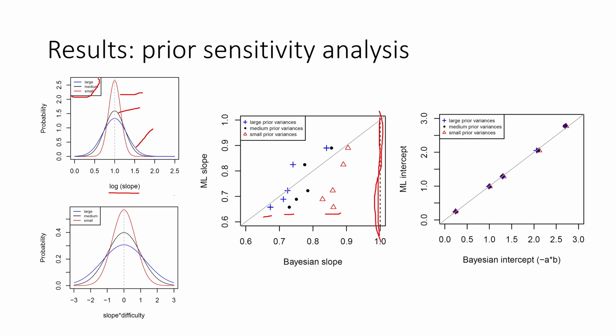On the other hand, the intercept parameter is robust to the choice of priors. They are almost the same. So if we are interested in the estimate of slopes, we need to be more careful when choosing the prior. But if we are interested in the intercept, the prior does not influence a lot.